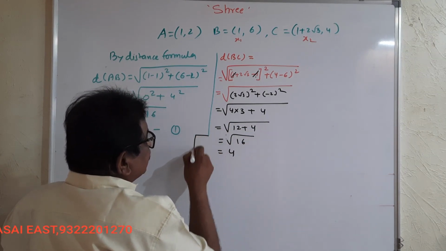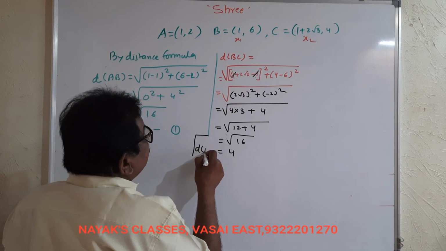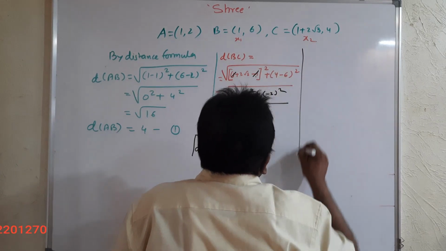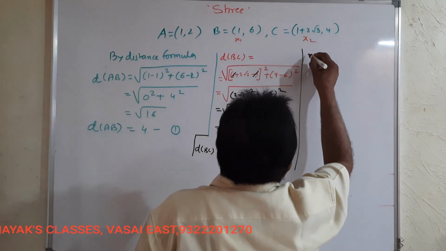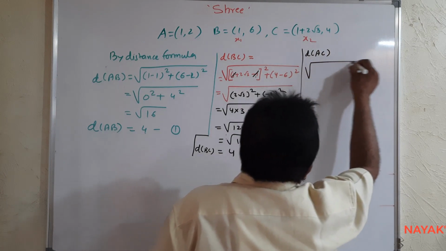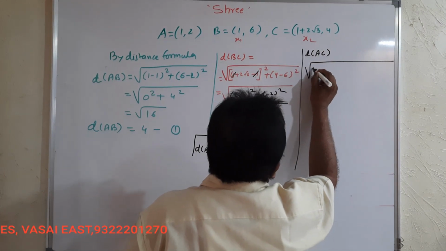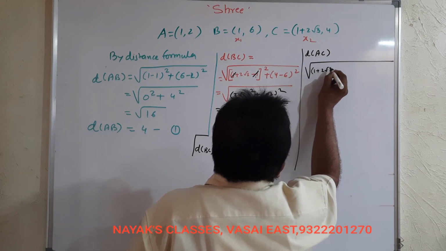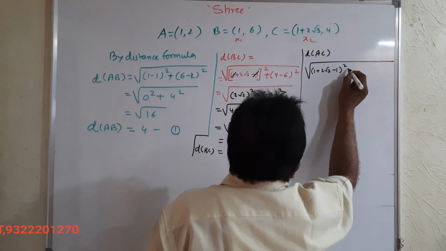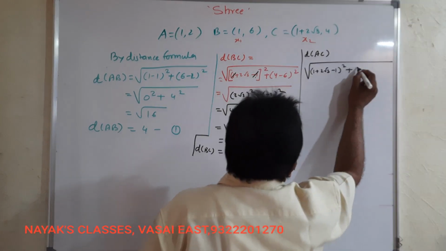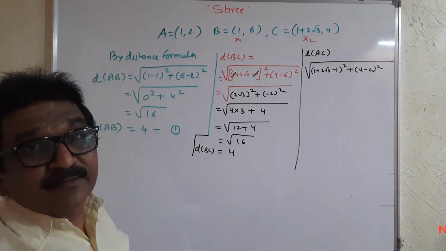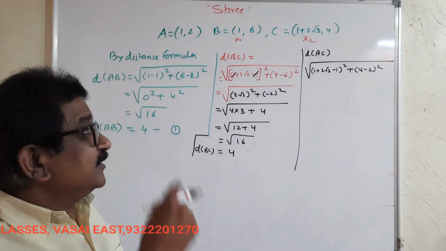So again, distance BC is equal to 4. And the last one is AC. Distance AC is under root (1 plus 2 root 3 minus 1) the whole square plus (4 minus 2) the whole square. Now you are experts in this.